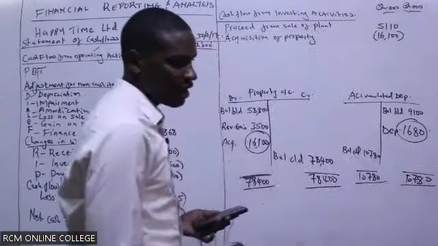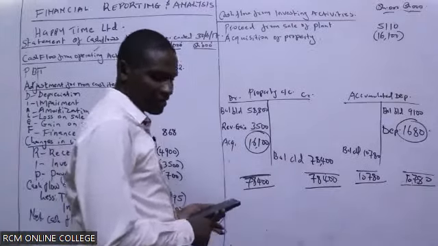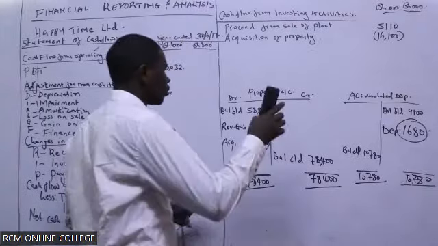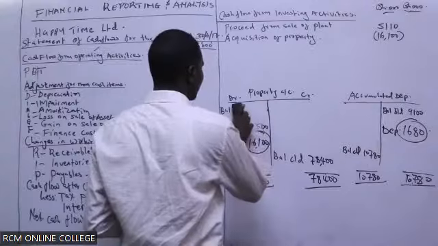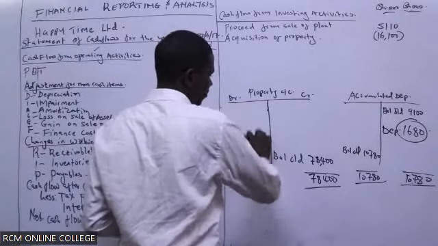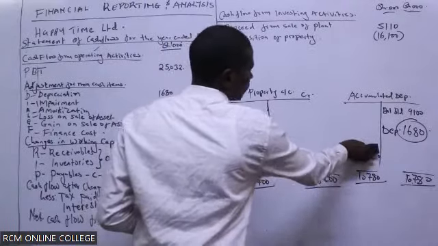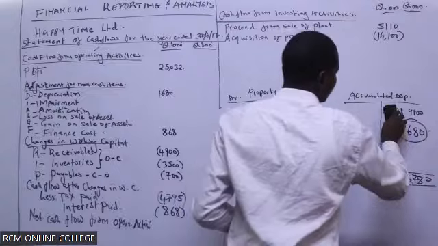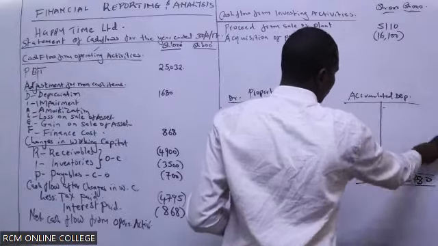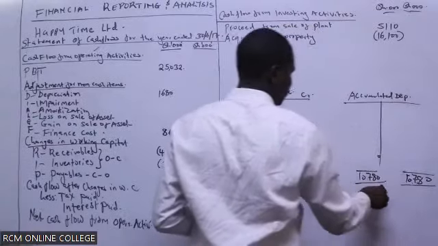So tumetengeneza accumulated depreciation na property account. So can we go to plant now to check whether plant was purchased, whether there was plant that was purchased. All right.